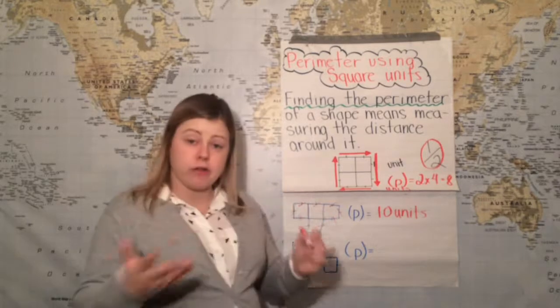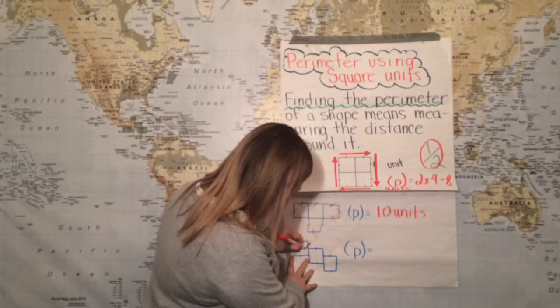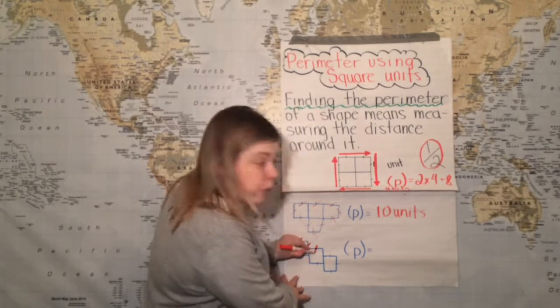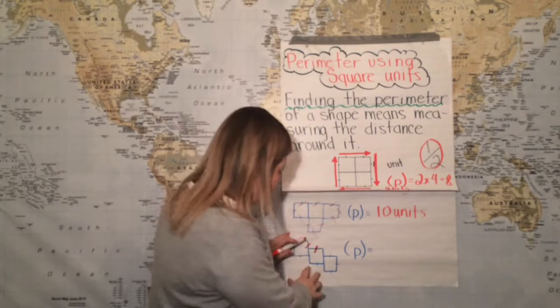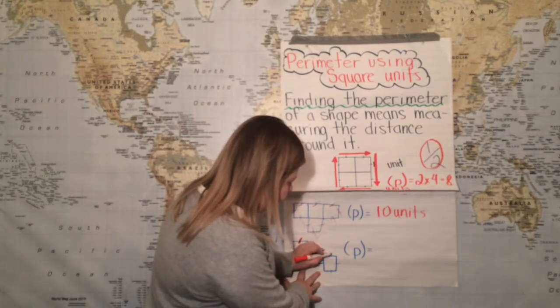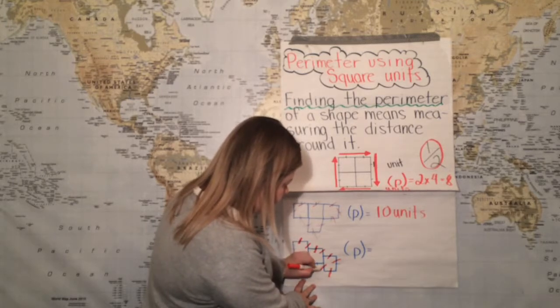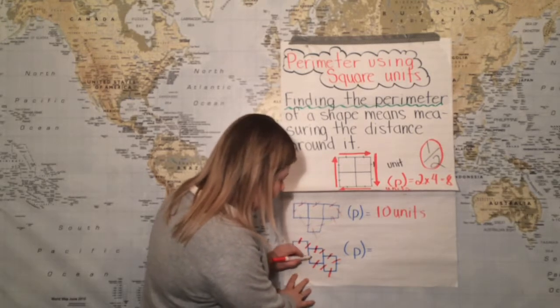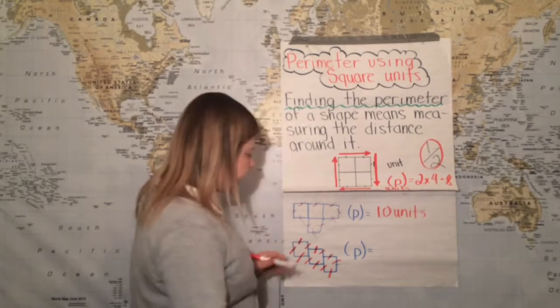So let's start counting, and I'm going to go around. I'm going to say 1 and a half, 2 and a half. This doesn't mean 2 and a half. I'm just counting and adding up as I go. 3, 4, 5, 6, 6 and a half, 7 and a half, 8, 9, 10.